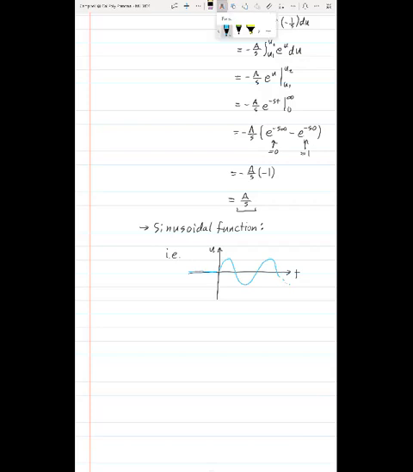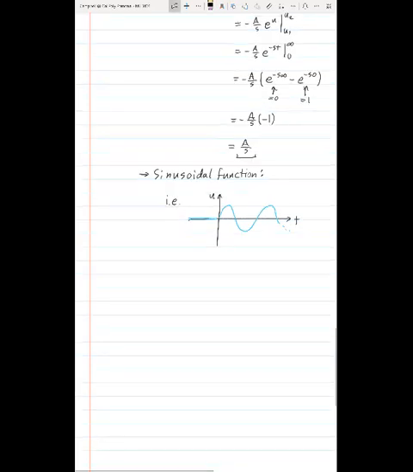So you can see that because we're dealing with the single-sided transform, we're going to constantly be dealing with values that are associated with time less than t equals 0. We're just going to say that those are 0.